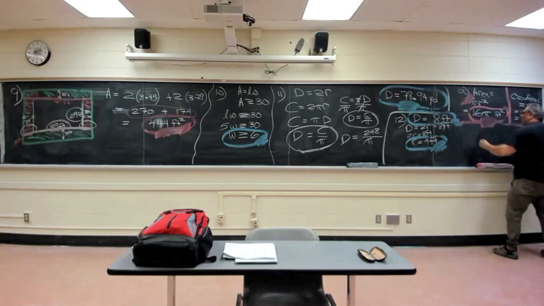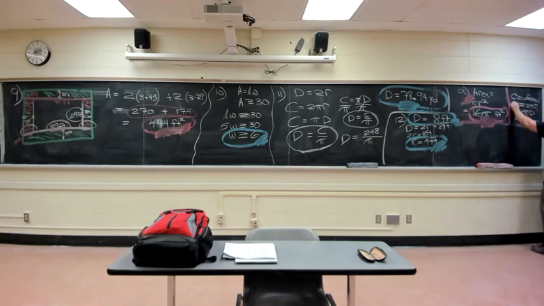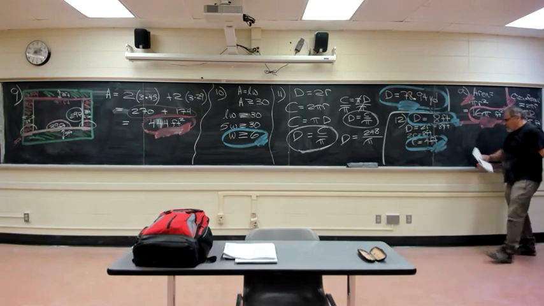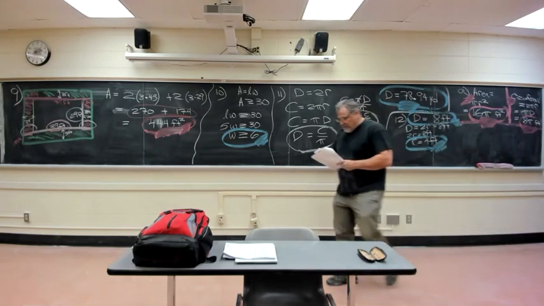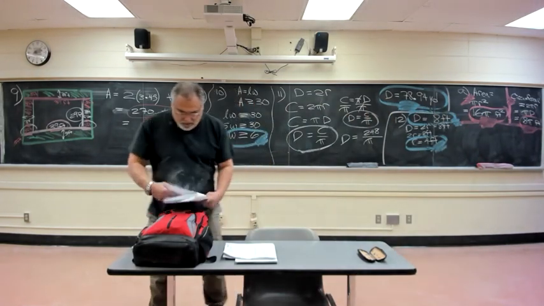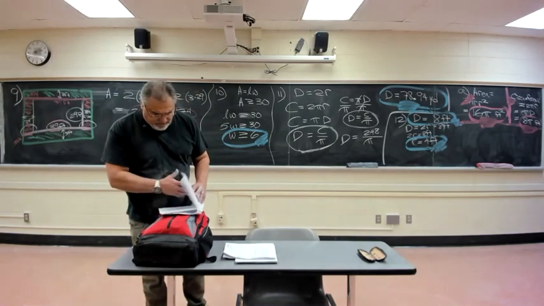That's the area we're talking about right here. This is the circumference we're talking about. And like I said, I always like to check what's going on, guys, just to be on the safe side.